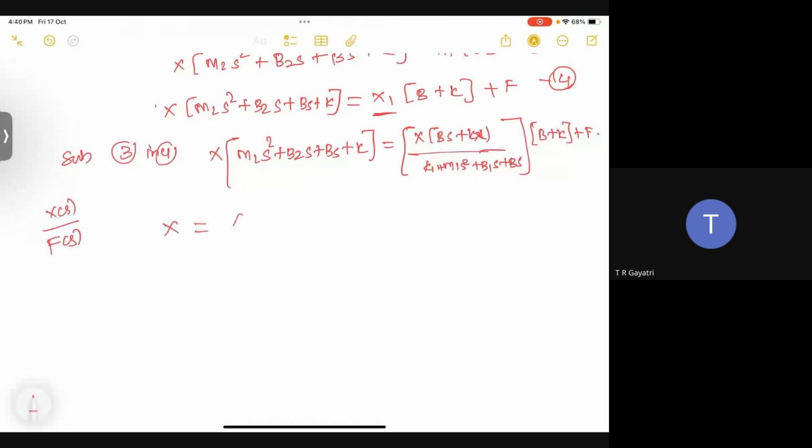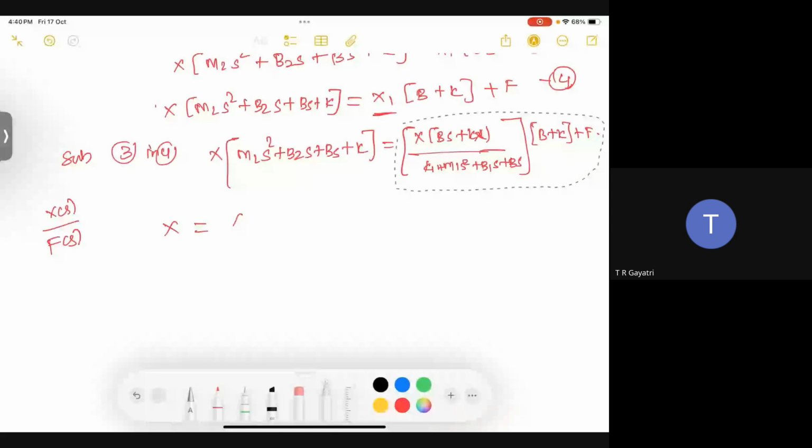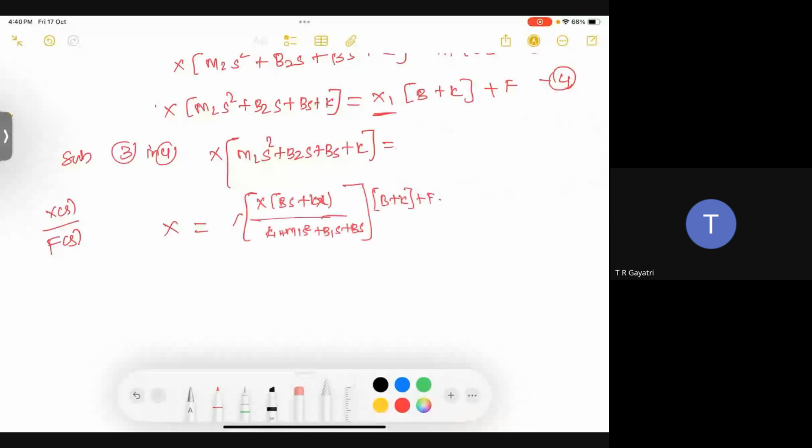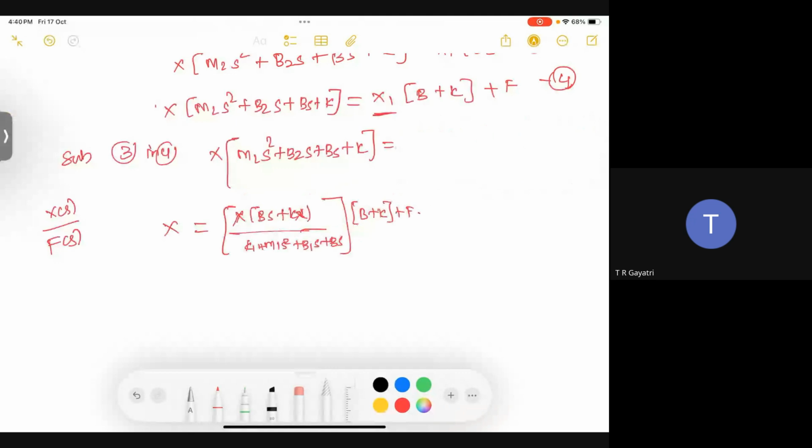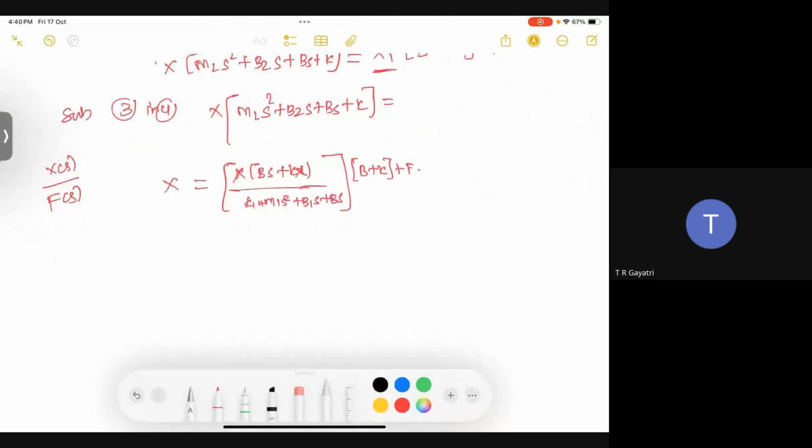So x will be equal to this whole term, and this term will come as 1 by here. I'm going to leave it here since simplifying it is taking too much time.